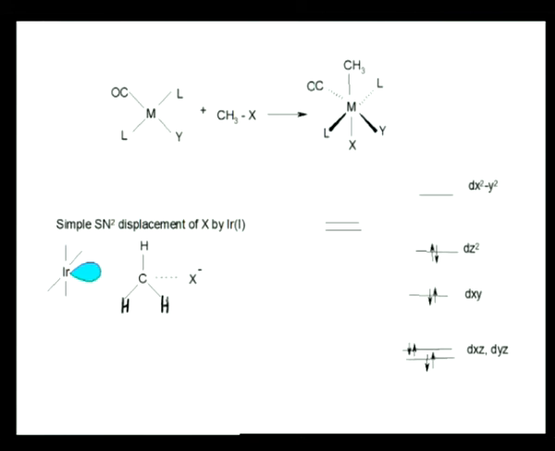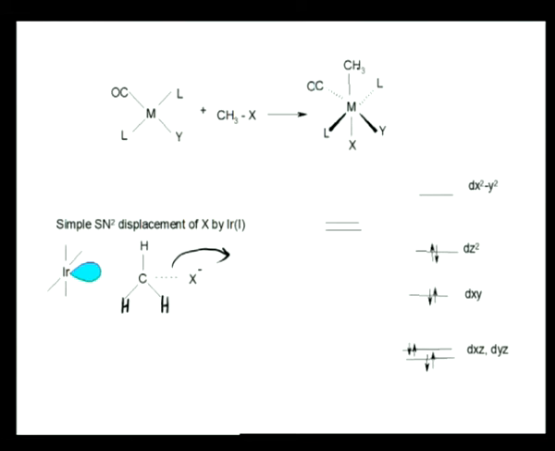So, if X on the methyl group is in fact a halogen, it is leaving the methyl halide as X minus, and the iridium 1 is coming in and reacting with it. So, that iridium-methyl bond is being formed, and that is what is pictured here.